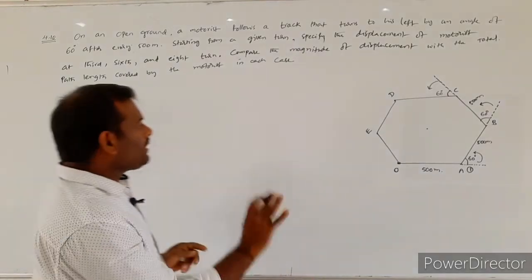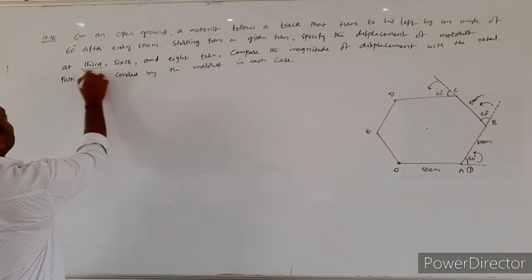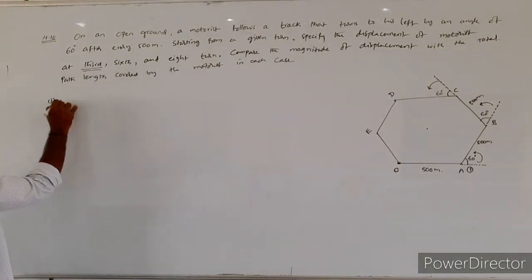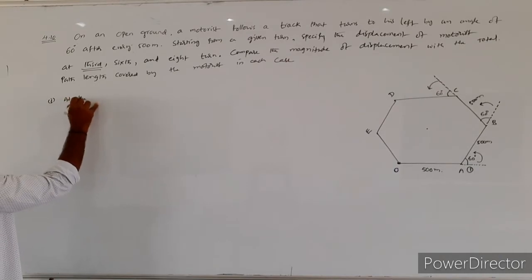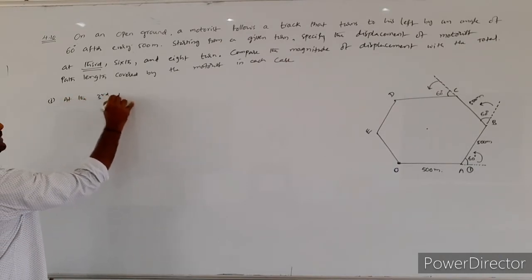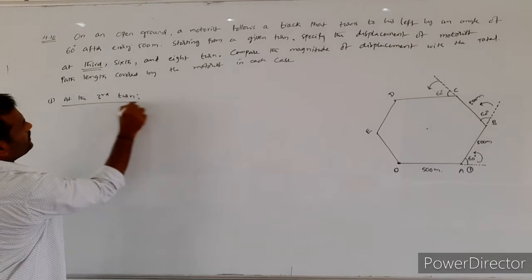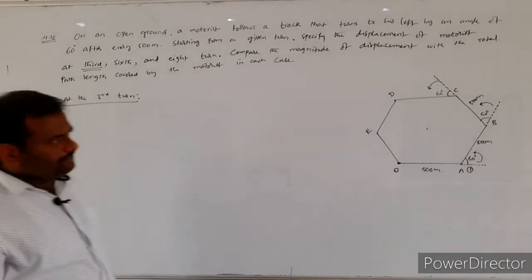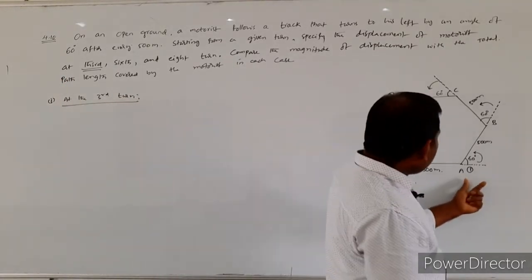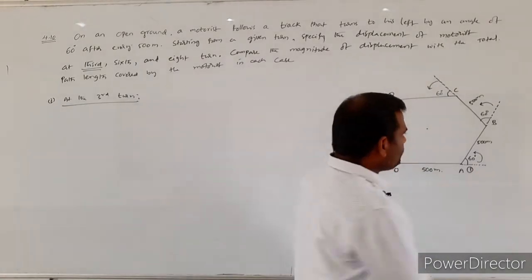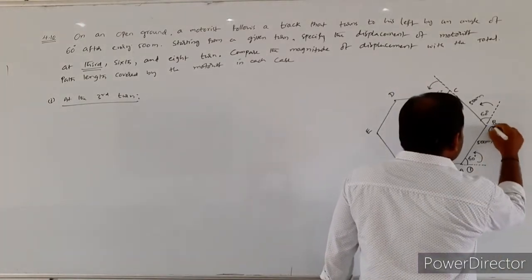Okay, now coming to the first one, we have to discuss case 1, at the third turn. See here, at the point A he took the first turn. At the point B, this is the second turn.